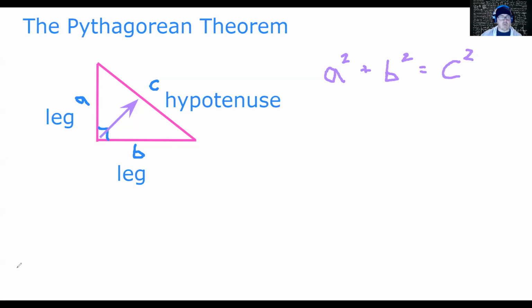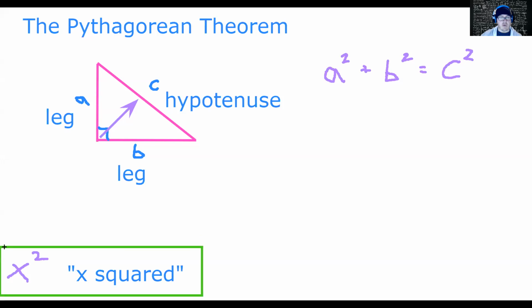So x to the second power has a nickname that's called x squared. Just in case you don't know what I mean by that, those are the same thing. So if you ever hear me say x squared, that means the same thing.